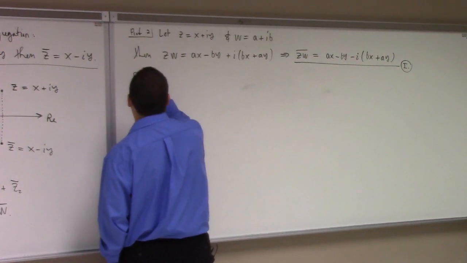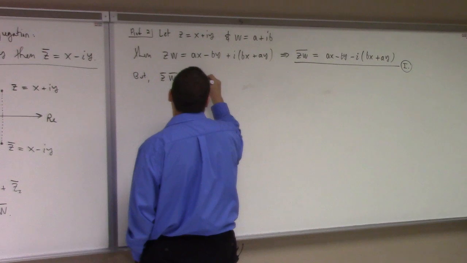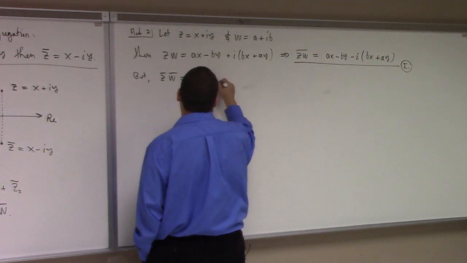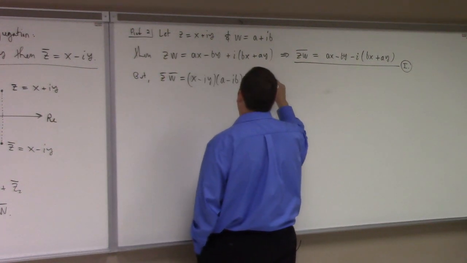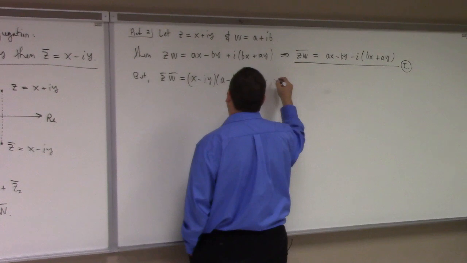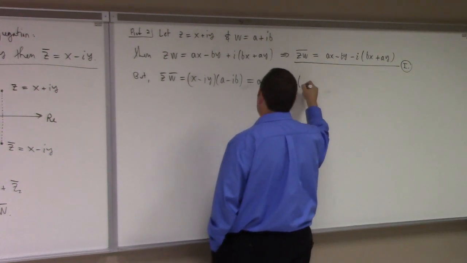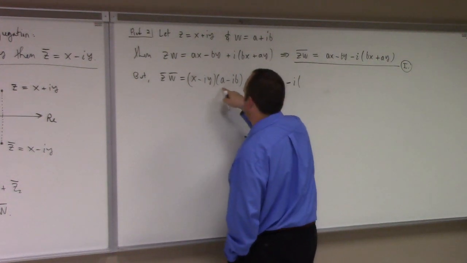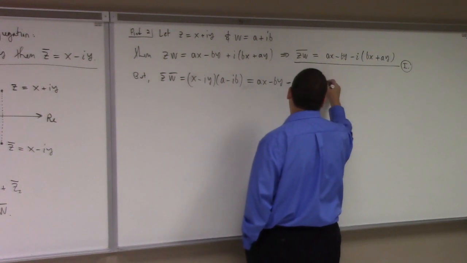But z conjugate times w conjugate is x minus iy times a minus ib, which is what? ax minus by plus i times, oh, not plus, but minus, because I got minuses, right? Minus i times bx plus ay, right?